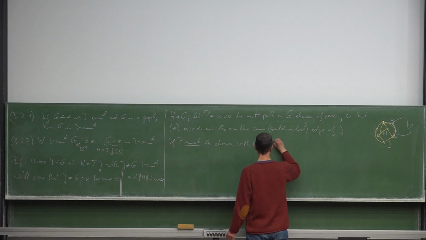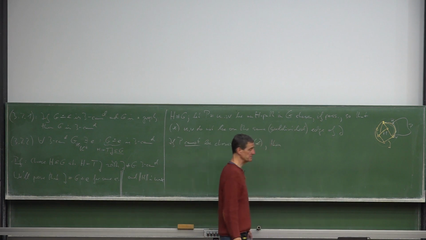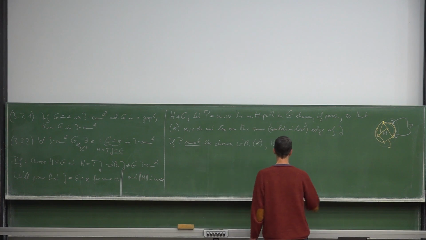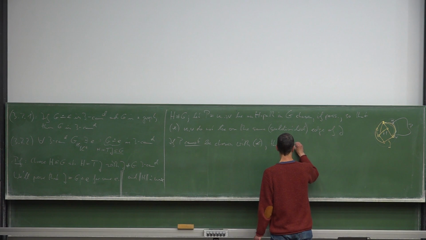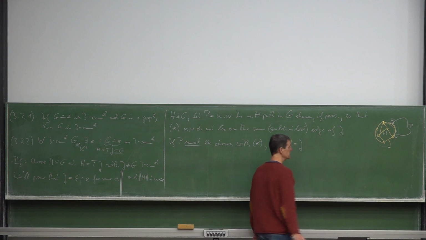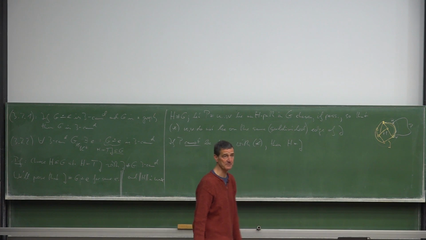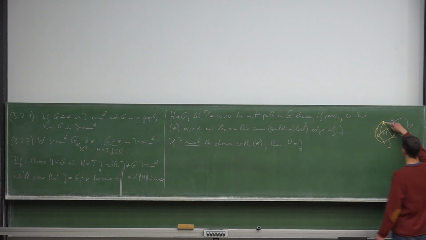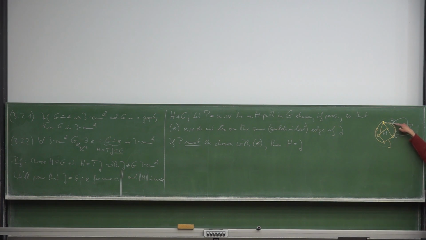Then we can make some observations. One is that H and J are the same. H is, in fact, not a proper subdivision of J. Why? Because if H was a proper subdivision, like here, we could find a path.